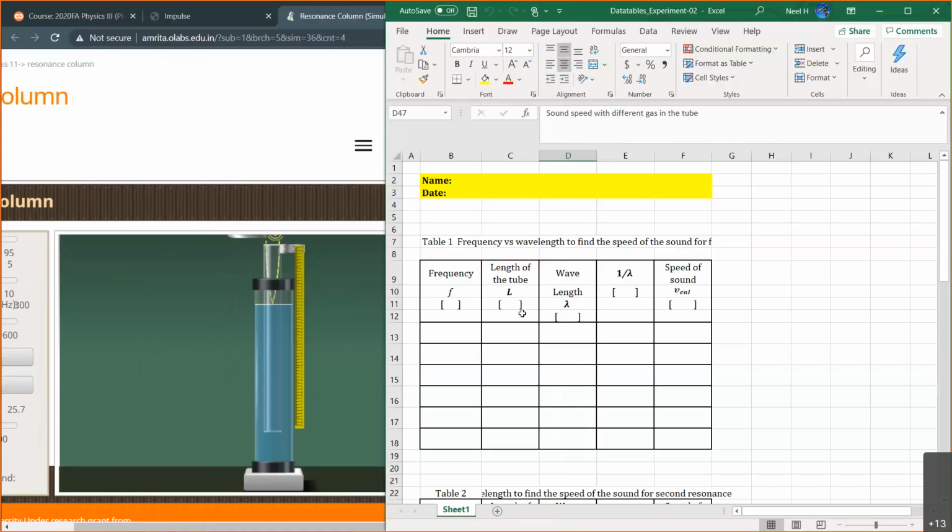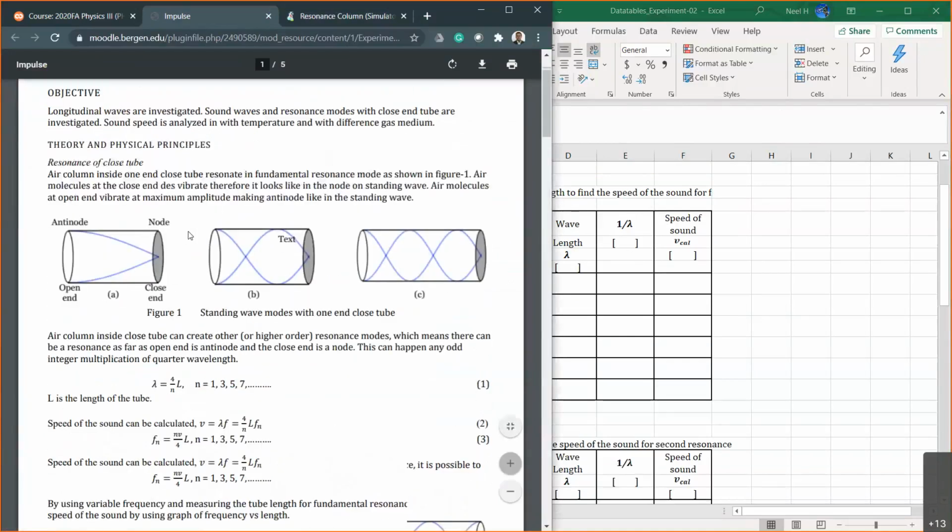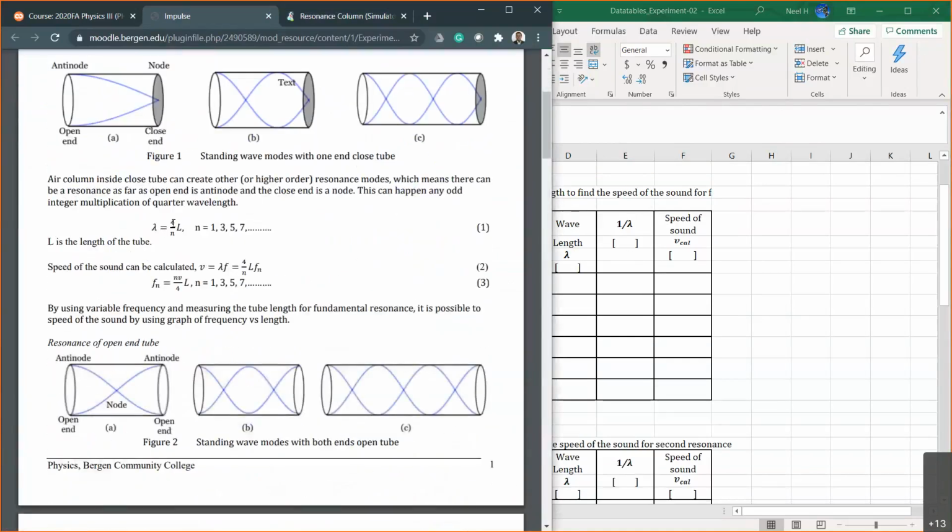Okay, then let's continue. Our table number 1, what we're going to do is change the frequency of the tuning fork, and then measure the length of the first resonance mode. Then by using the length, you know how to calculate lambda, right? Because lambda is equal to 4L over n, and n is going to be 1 now.